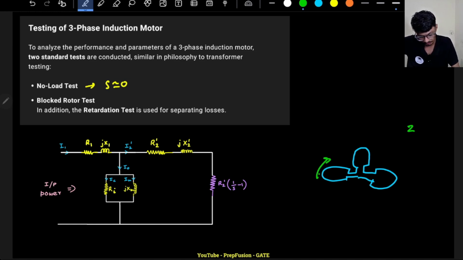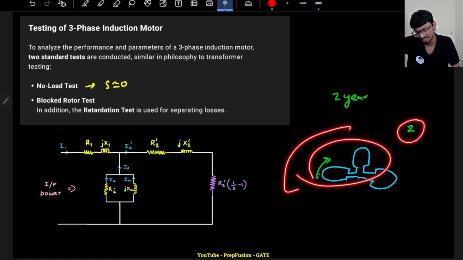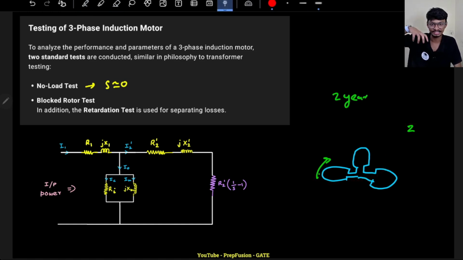After 1-2 years, at the same regulator position 2, will the fan rotate with the same speed? No, because the fan has collected dust. It will be a bit slower because of wear and tear, and a bit of friction in the mechanical parts. Due to all those things, the fan quality has degraded.